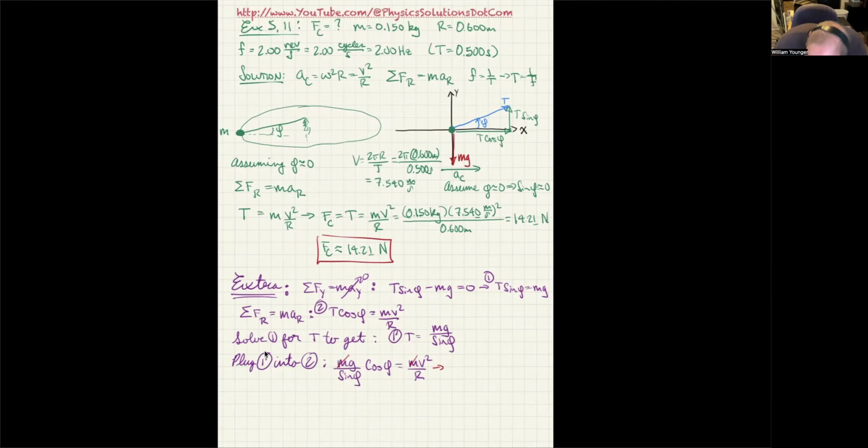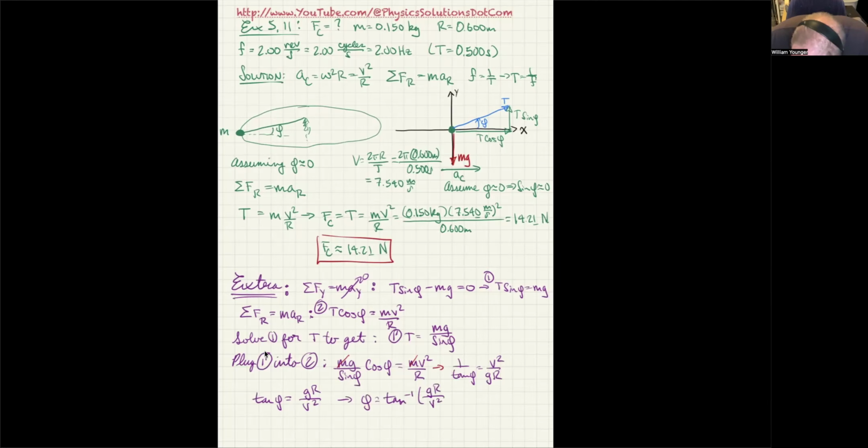So we get 1 over tangent phi is equal to, I'm going to pull the g to the other side, so that'd be v squared over gr, or more specifically, tangent of phi is equal to gr over v squared, and therefore we could say phi, the angle that it is actually wilting or sinking by, is given by the inverse tangent of gr over v squared.